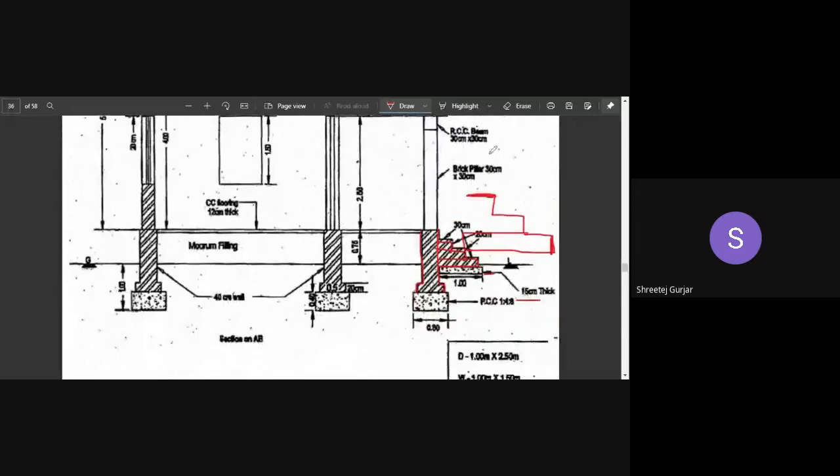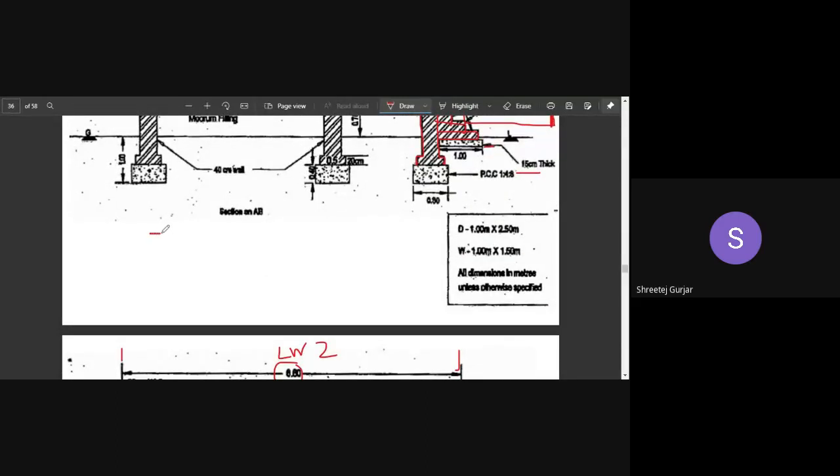Let me draw a diagram once more. This is 0.3 for the first step. For the second step it is 0.3 plus 0.3, that is 0.6. For the third step it is 0.3 plus 0.3 plus 0.3, that is 0.9. And this is your third step. This is how we calculate the quantity. We know the length of this is 1 meter.